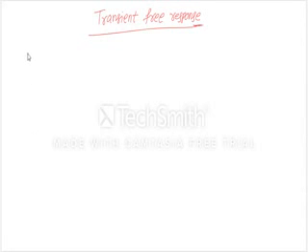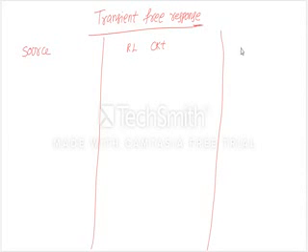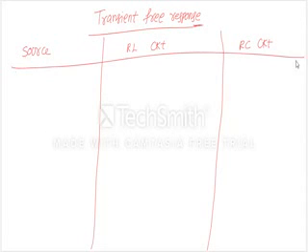Condition, source means supply, and then first RL circuit, and RC circuit. We'll see this thing here.